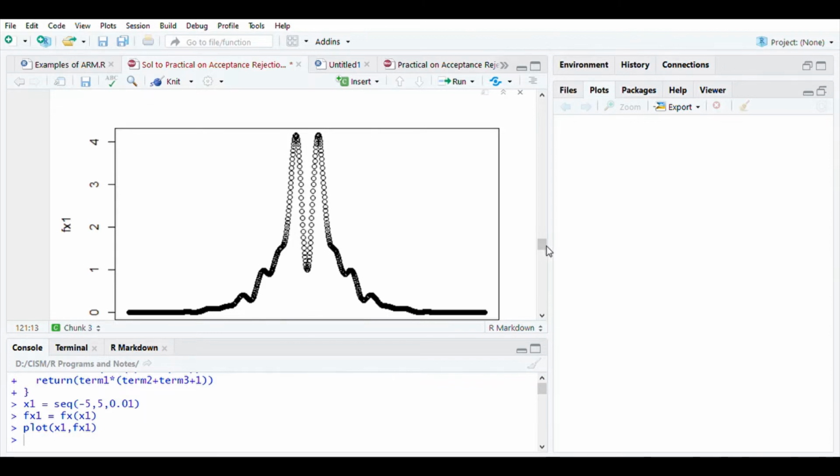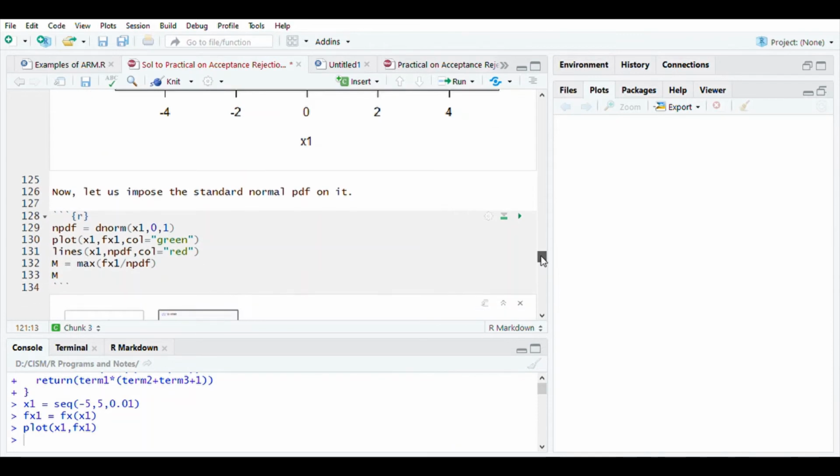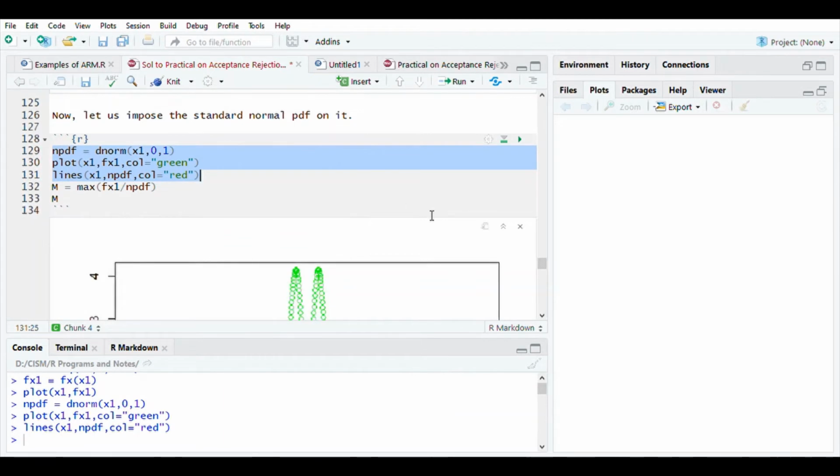So now let us try to do the simulations. So we also want to know whether it is close to the proposal PDF or not. So let us try to plot these together. Target and proposal distribution.